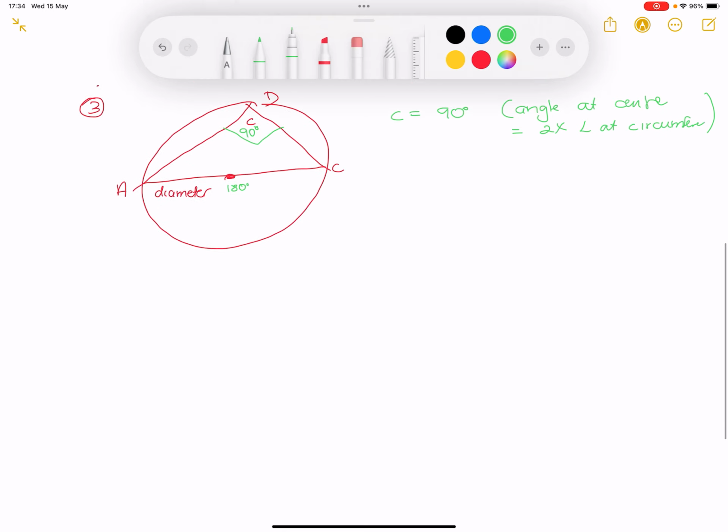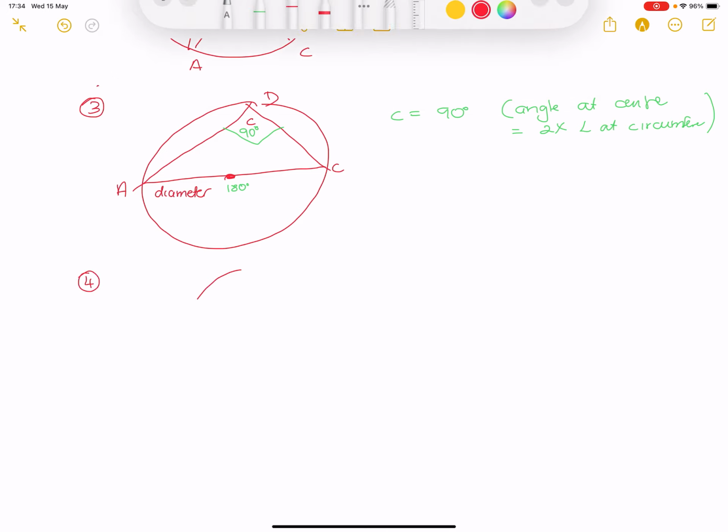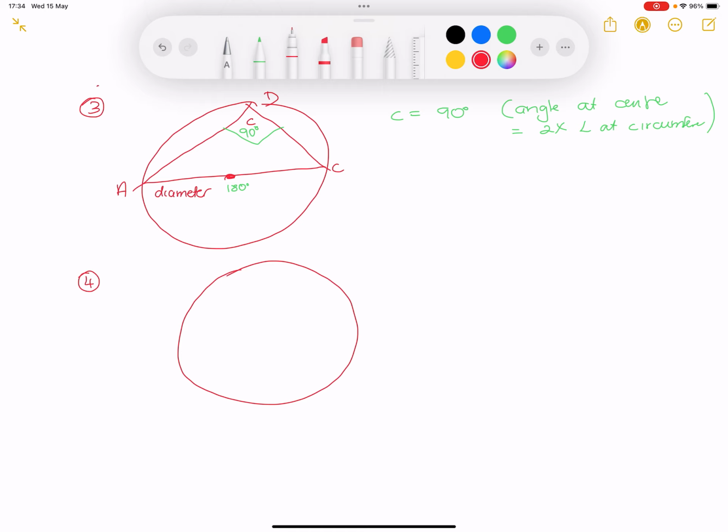Number 4, you have this, and then you have like the butterfly, right? Yes, ma'am. You have C, and you have E, and you have A, and you have D. This is 30 degrees, and this is 20 degrees.